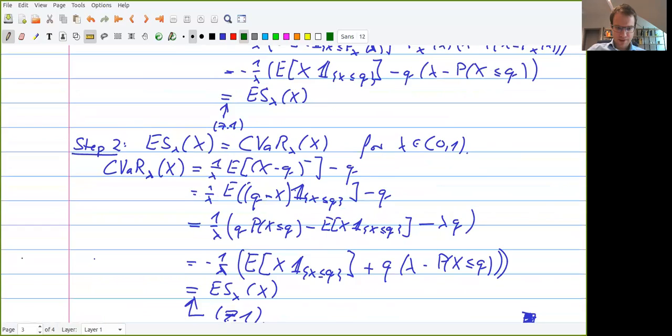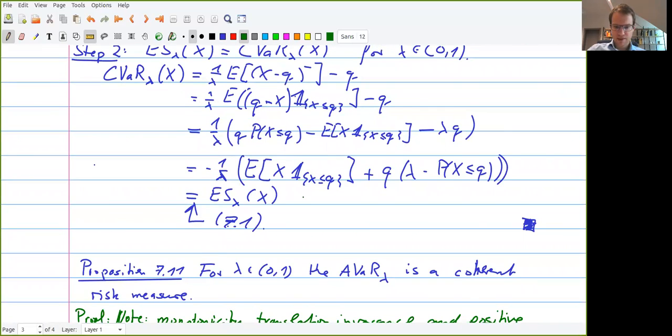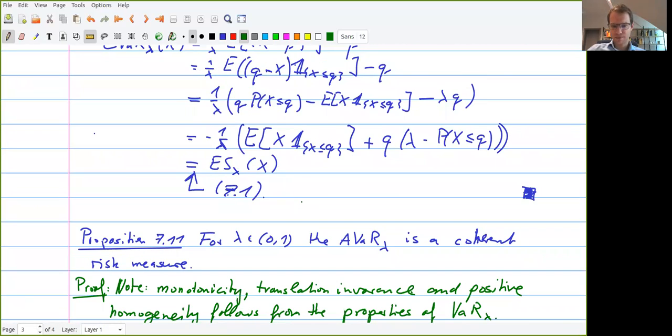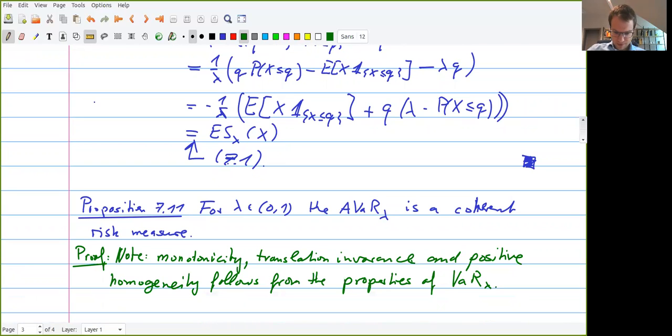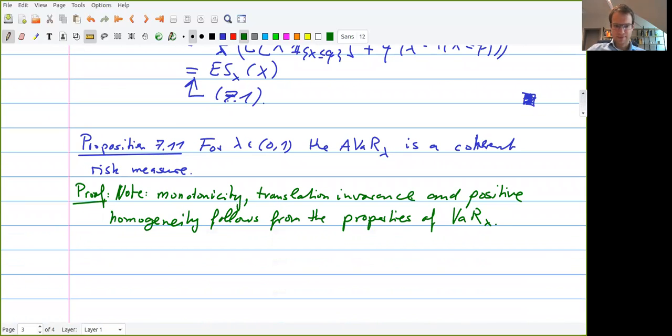So should I still show translation invariance? Okay. We have verified this property for value at risk, so we immediately get it for the average value at risk as well. The only thing which we really have to show now is that it's a convex risk measure.